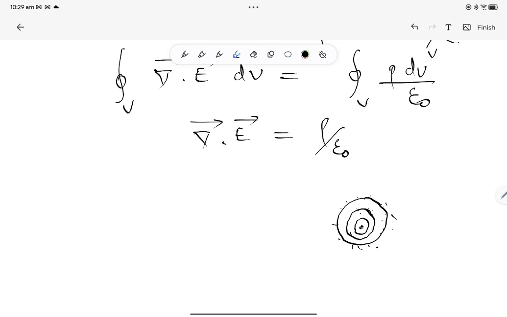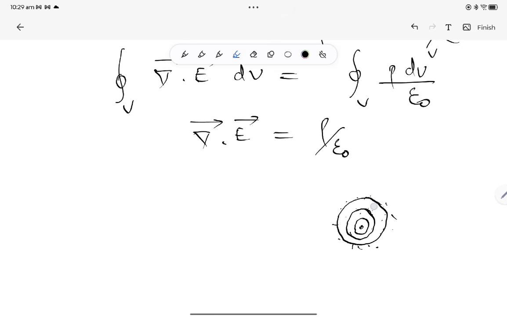That means Gauss's law is true at every point. So these must be equal at all points. Therefore, del dot E is equal to rho by epsilon naught. This is called Gauss's equation in differential form, or also called Maxwell's first equation. Here rho is the volume charge density.